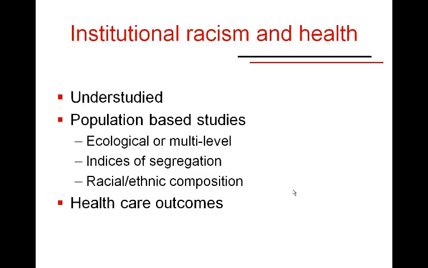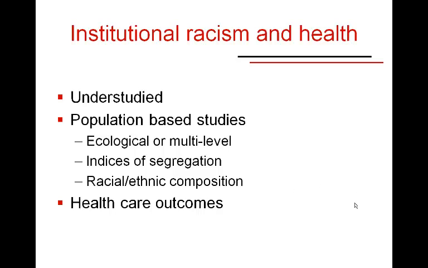But again, these become rather imprecise and don't allow for very rigorous causal inference arguments because of the risk of selection factors operating there in terms of residence and location and being potentially relevant for health outcomes.